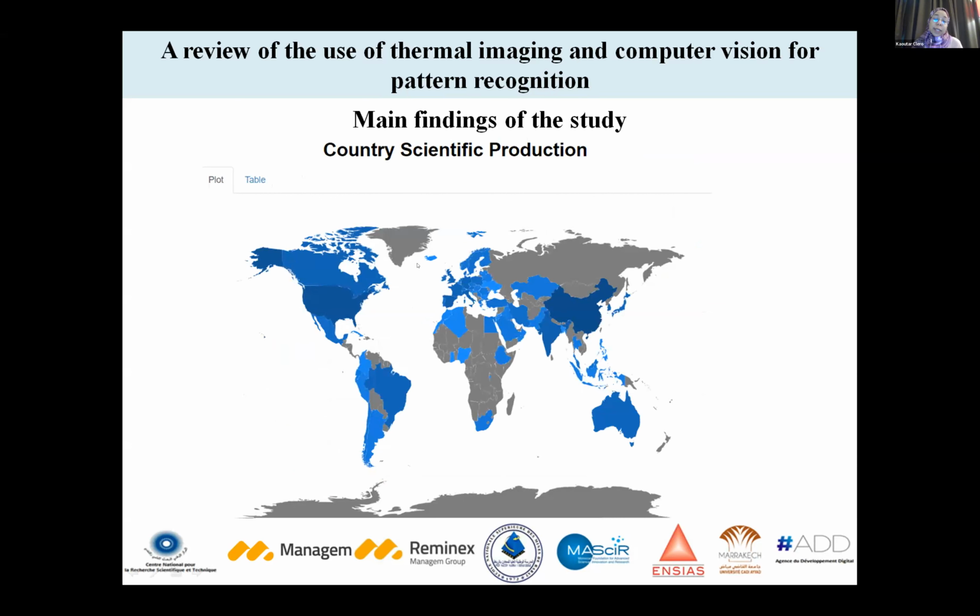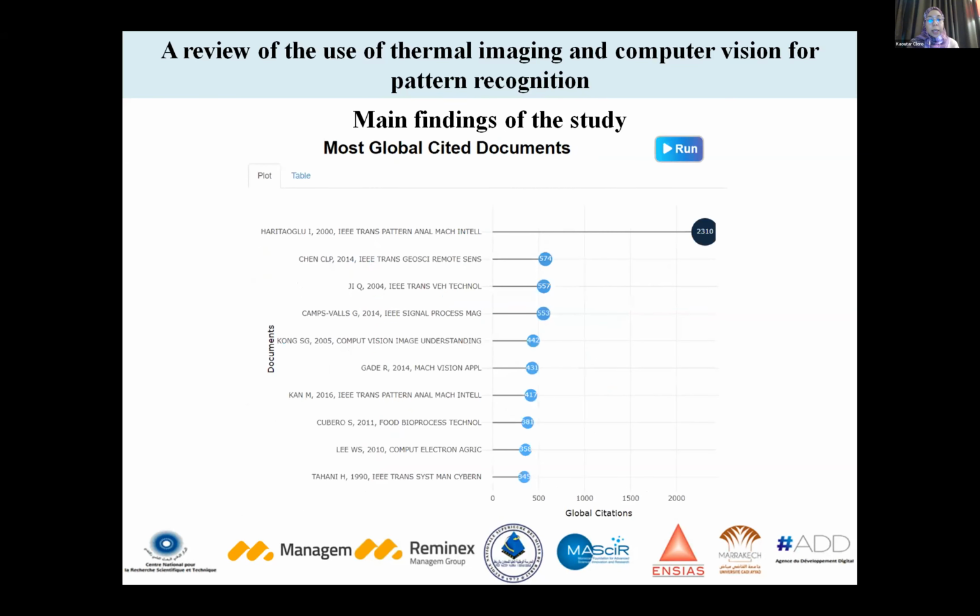Some countries are not present, shown in green. When the blue is darker, the number of publications is big, and with the other colors, we have few publications in these countries.